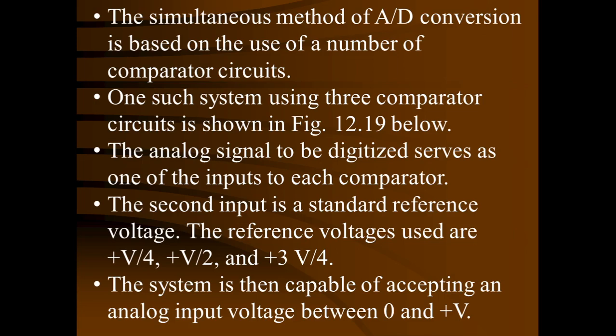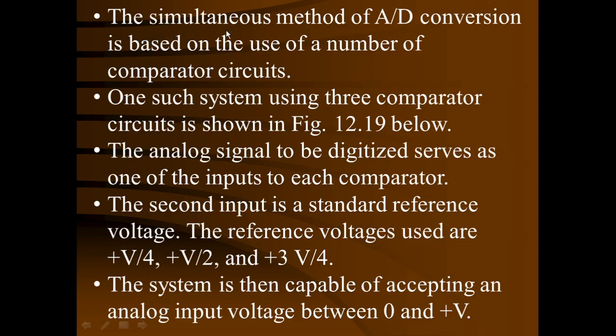So this is the inverting input, the non-inverting input, and there is an output. If the input voltage is greater than the reference voltage, the output of the comparator is going to be high. And when the input voltage is lower than the reference voltage, then the output of the comparator is going to be low, and it is considered to be in off state. So we are going to study with this one.